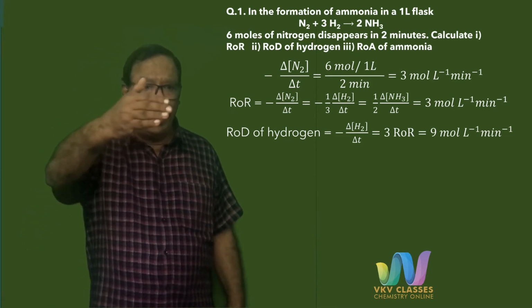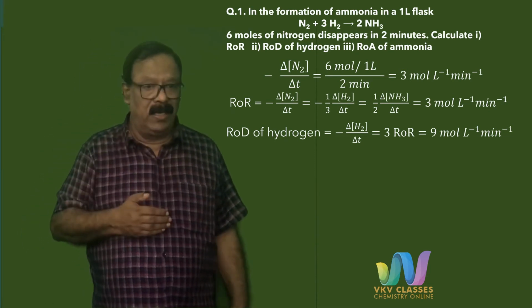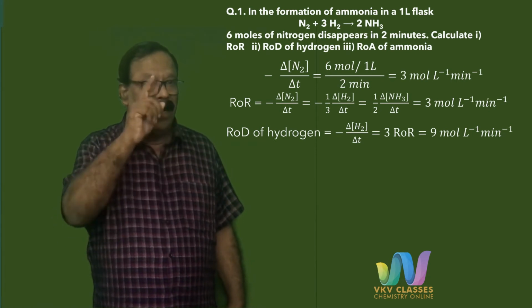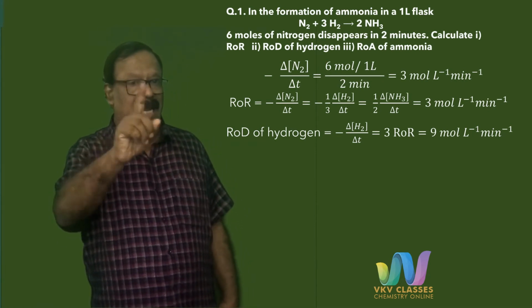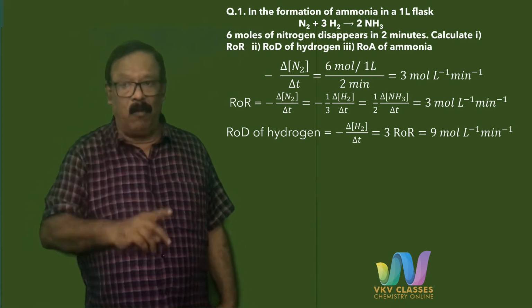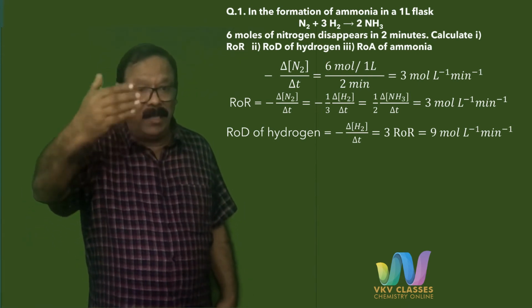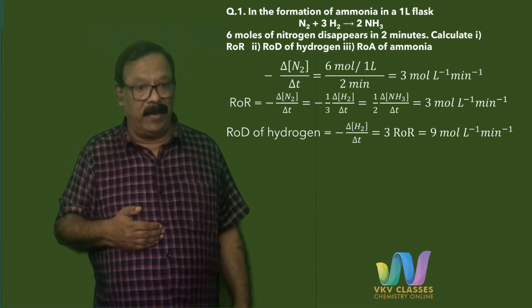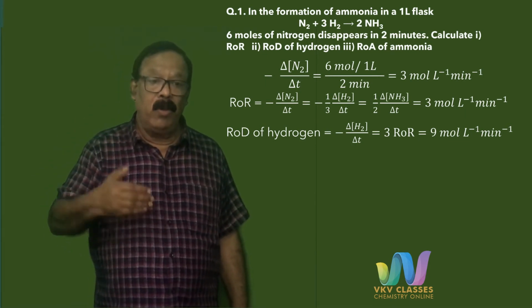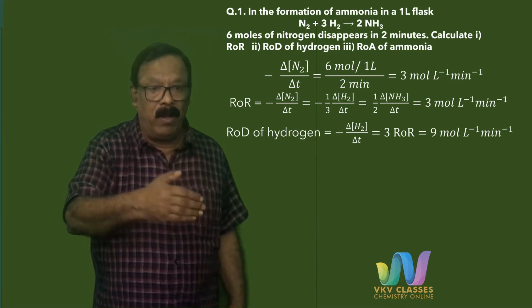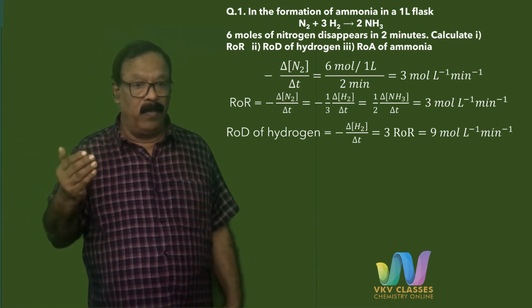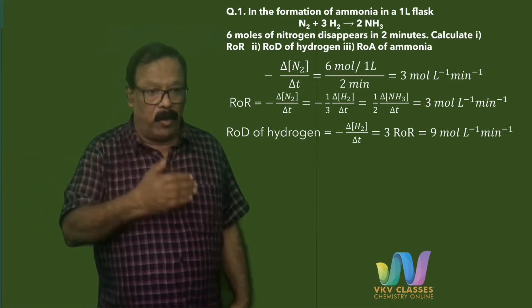Now, in the equation, 1 nitrogen plus 3 hydrogen gives 2 ammonia. Now, 1 nitrogen reacts, 3 moles hydrogen react. How many moles ammonia? 2. Now, 1 nitrogen, 2 ammonia is formed, 3 hydrogen decreases.